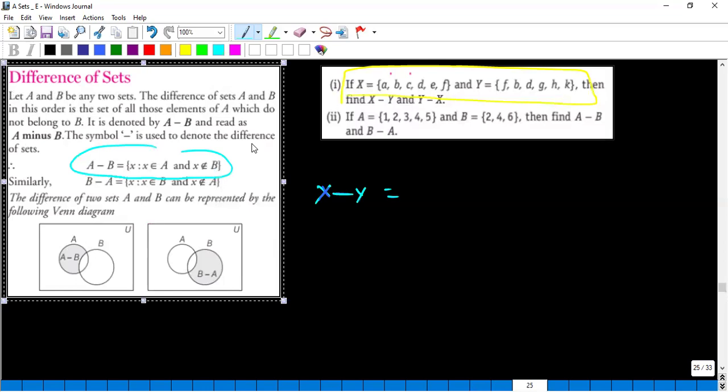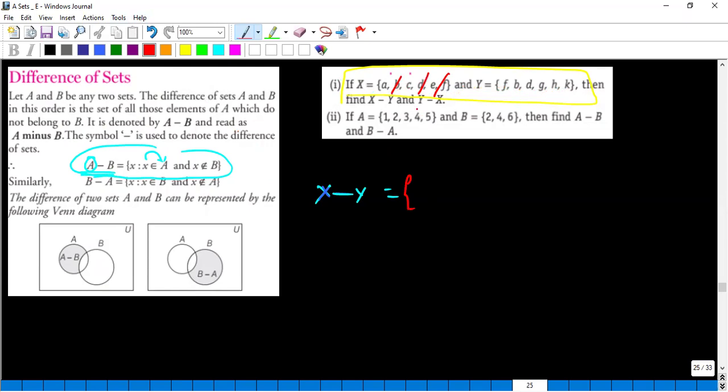That means the element whatever you are taking, it must belong to the first set of the given arrangement. To find out such kind of elements, what we will do? F, B, D, G, H, K. Are we able to remove the F, remove the B, remove the D?